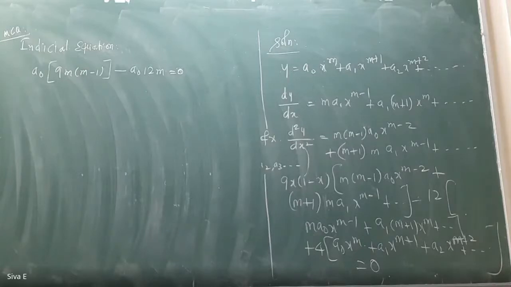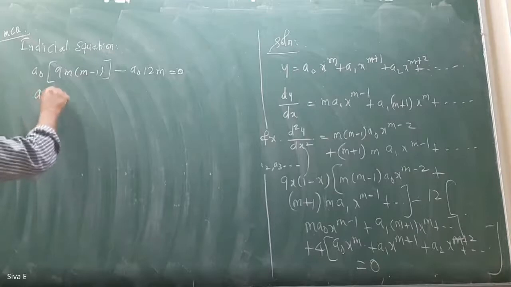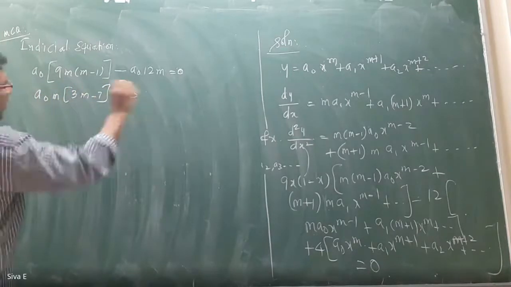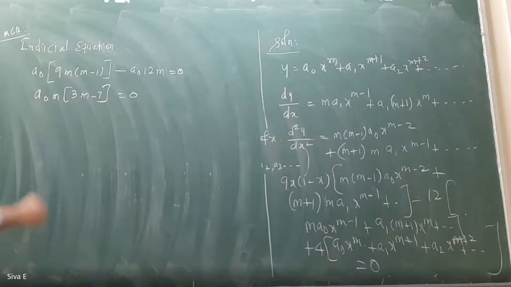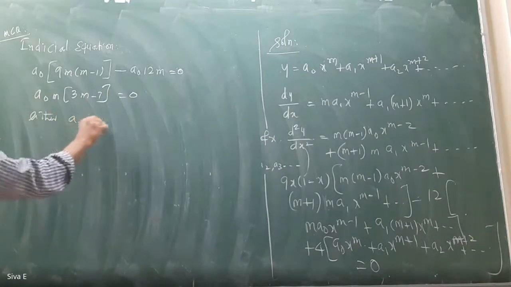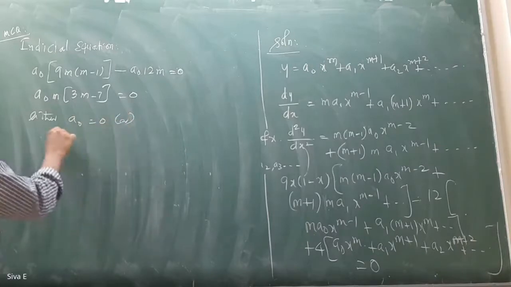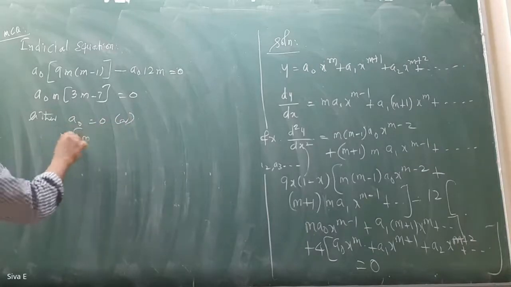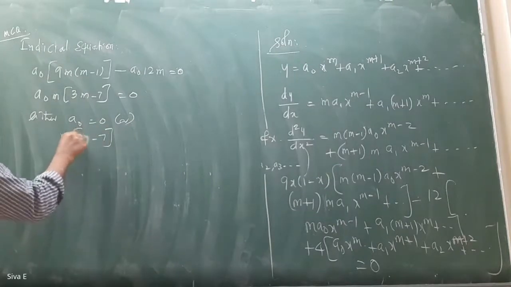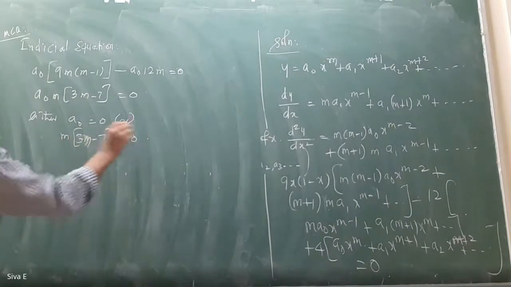a naught m into 3m minus 7 equal to 0. So either a naught equal to 0 or m into 3m minus 7 equal to 0.